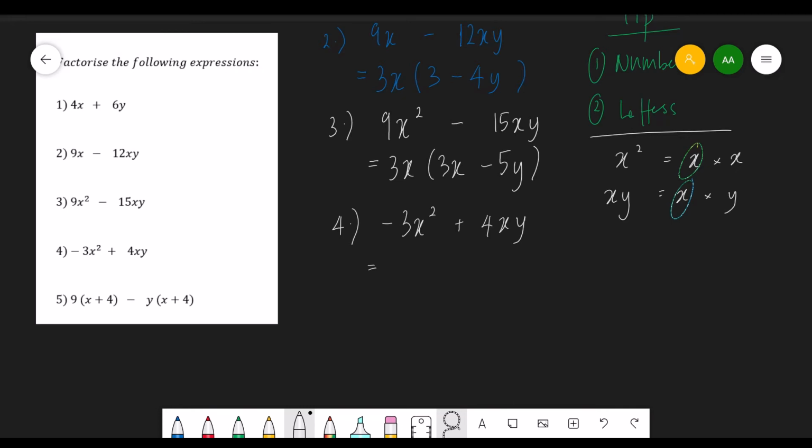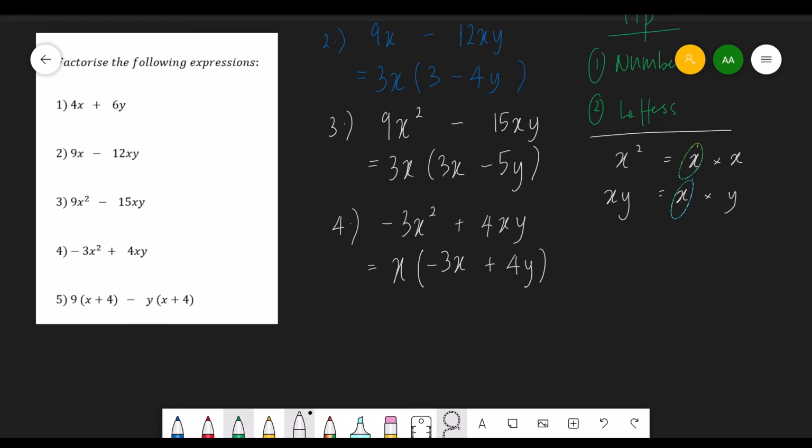But between x squared and xy, I know that x is a common factor. So in this case, x is the only common factor. I'm left with negative 3x plus 4y. So this is our answer for number 4.